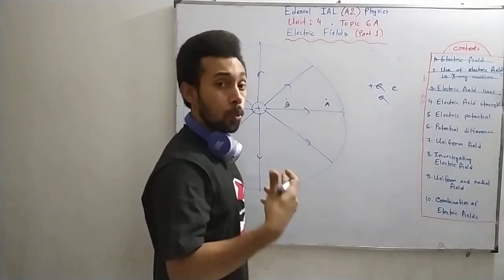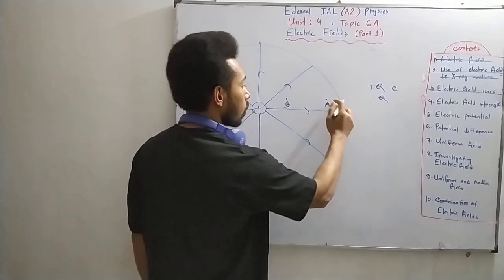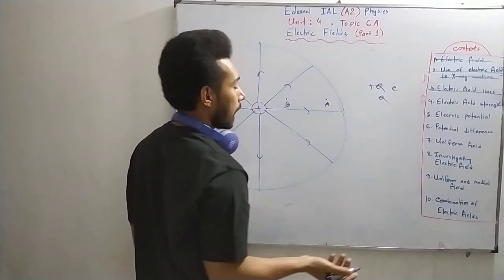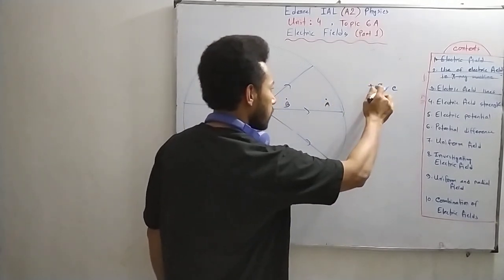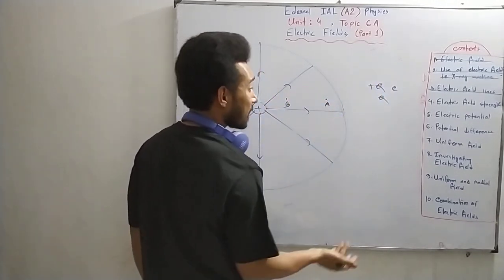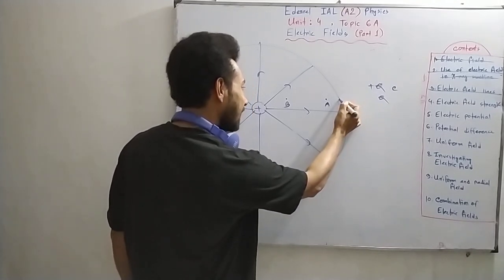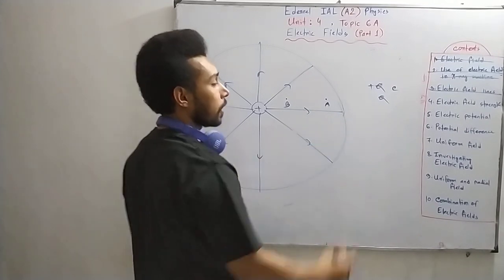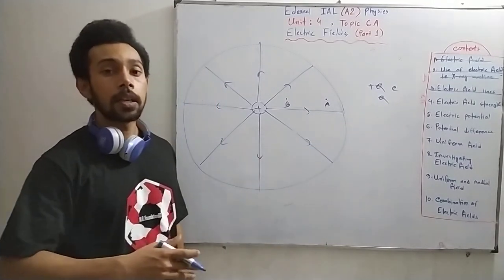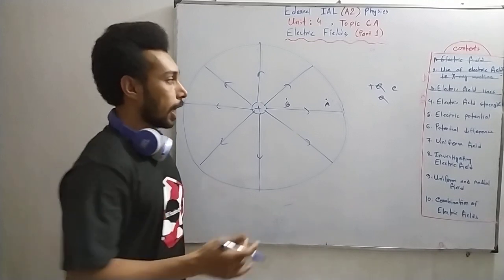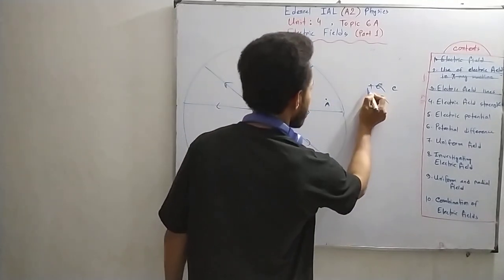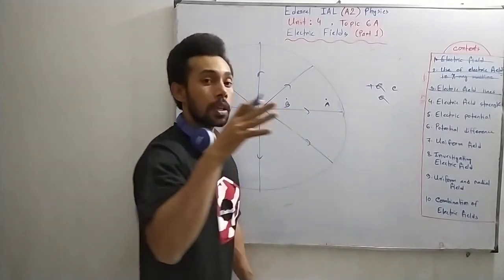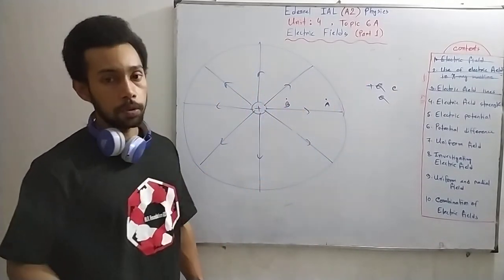Therefore, you have to do some work to bring the plus Q coulomb charge to the point A. The charged particle will start experiencing force just when it enters the field, and outside the field we'll consider it as an infinite distance. And if it is minus Q coulomb charge, then it will be accelerated towards the field. That means work is done on the Q coulomb charge.